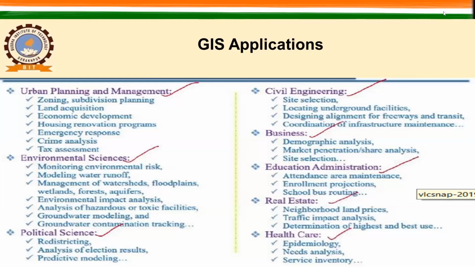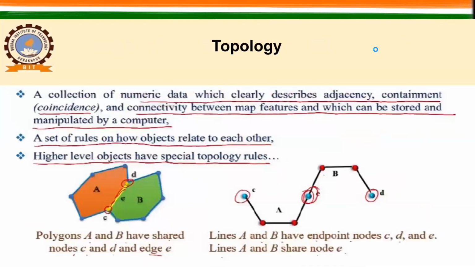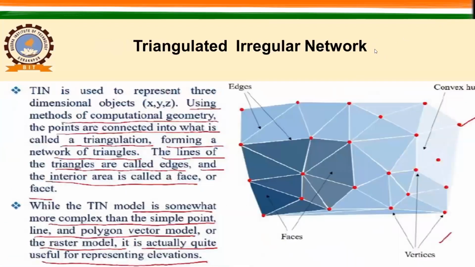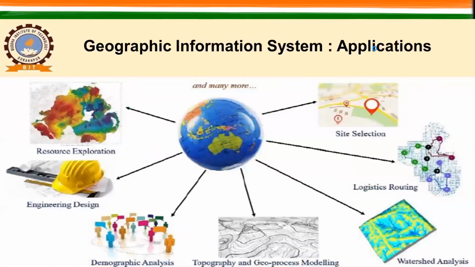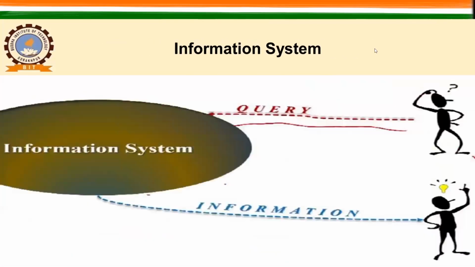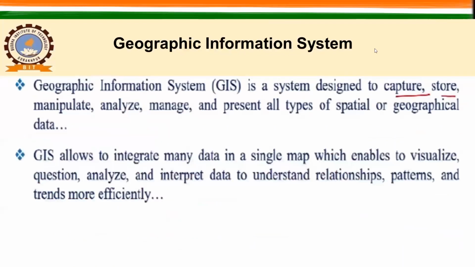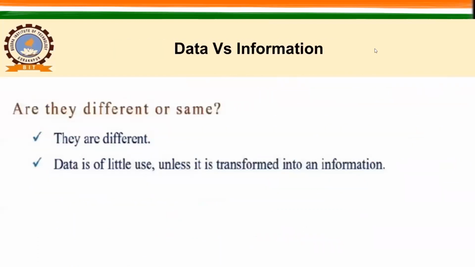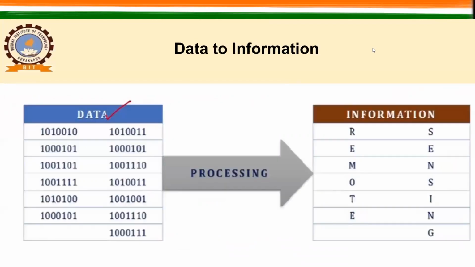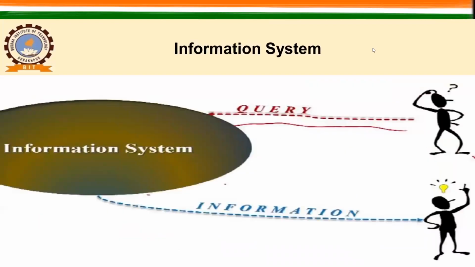So till now we have covered the different aspects of the geographical information system. ठीक है, तो geographical information system में जो हमारी important चीजें थी वो थी geographic information system की एक definition, ठीक है, theoretical definition. Then एक difference, what is the difference between data and information. Then how the transformation of data to information take place.